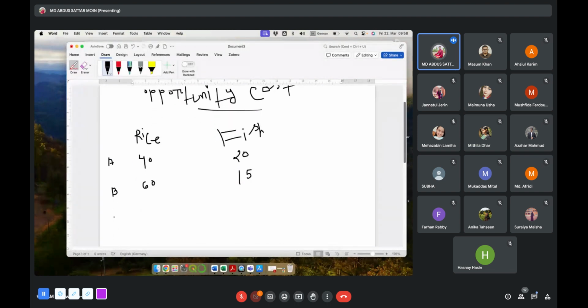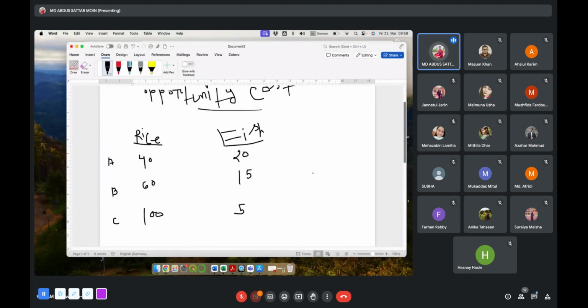And let's say another point C, where you want to increase rice production more, so it becomes 100, and fish production becomes 5 units. So it basically means the more of one good you want to produce, the more of the other good you need to sacrifice. The more rice I want to produce, the less fish I can produce, which means I need to sacrifice the production of fish.